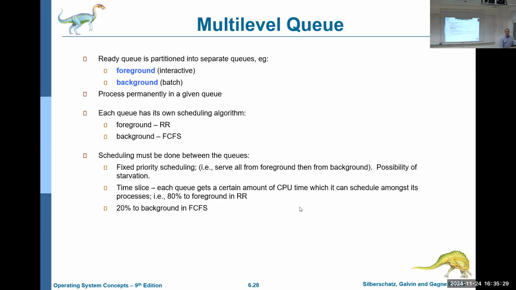Okay, if we understood all those things, we can have what's called a multi-level feedback queue, or a multi-level queue. It means basically that we have two queues. For example, think about a supermarket.